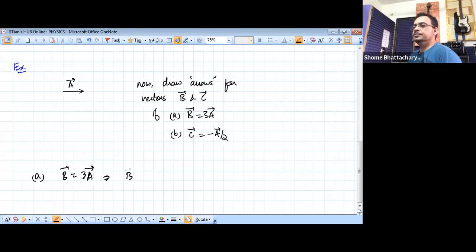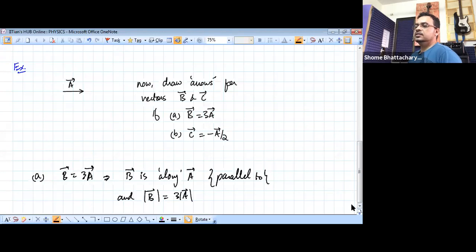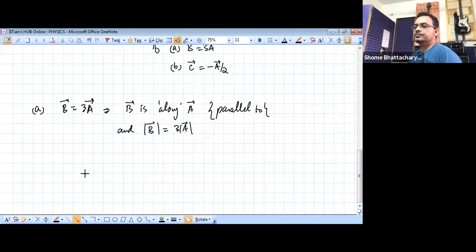So it means that B is along the vector A, or in other words, it is parallel to the vector A. And the magnitude of B should be equal to 3 times the magnitude of A. Hence, if A is being represented in my diagram as this arrow, then B in the same diagram would be represented by something that is 3 times its length, such that B's magnitude is 3 times A's magnitude.